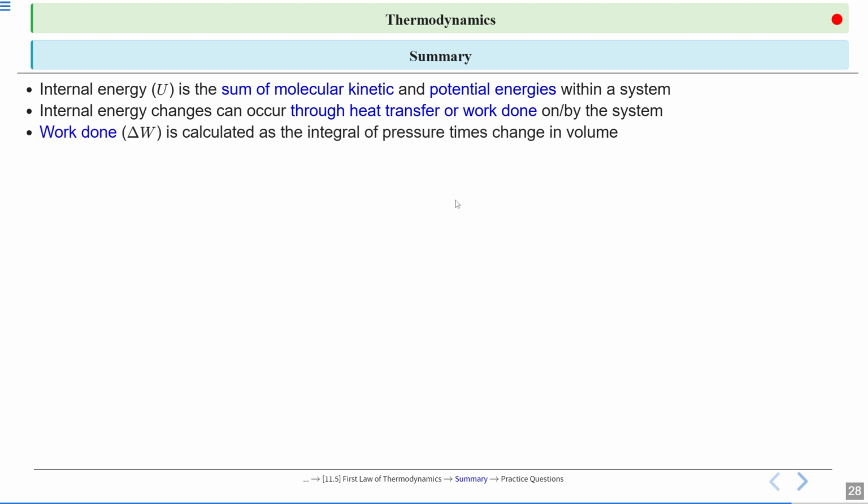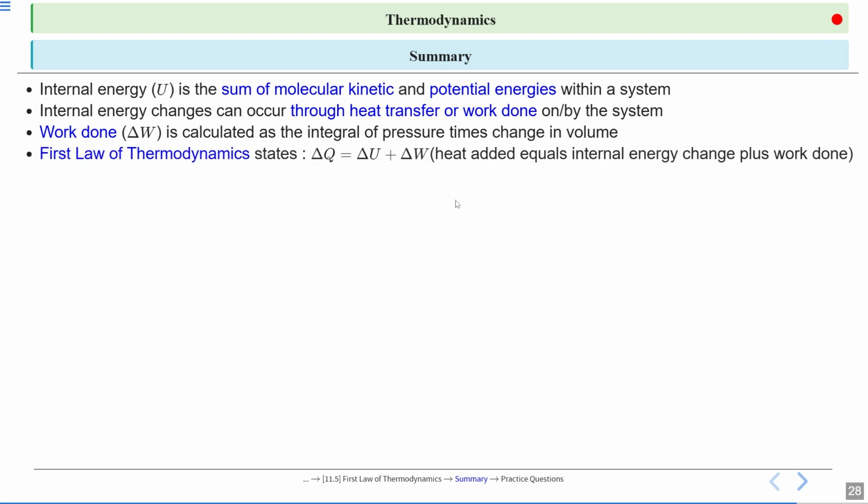Work done W is calculated as an integral of the pressure times change in volume. It means integration P dV, pressure into change in volume. This is also the formula of the work done. First law of thermodynamics states delta Q is equal to delta U plus delta W. Heat added equals the internal energy change plus work done.